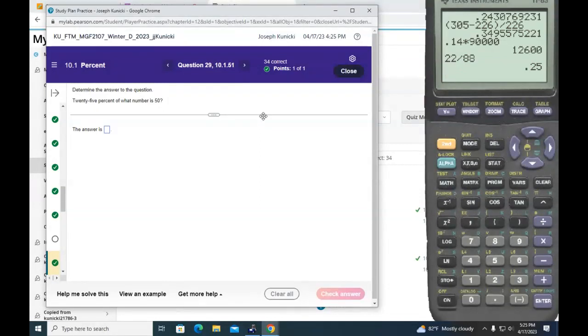See, 25% of what number? So algebraically, once again, only now the X is the number instead of percent. So we're going to divide 50 by 1/4, which when you invert and multiply, you get 200.